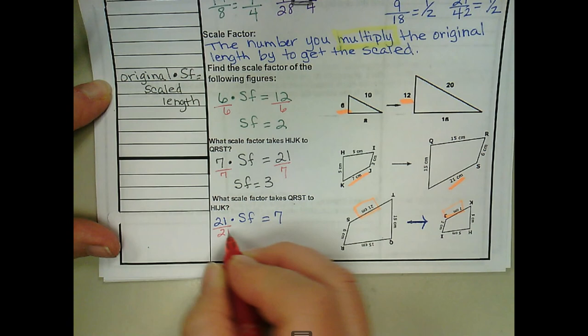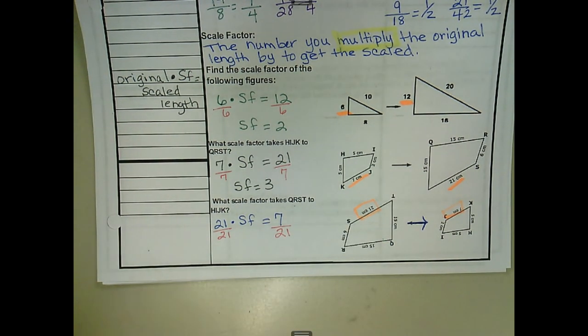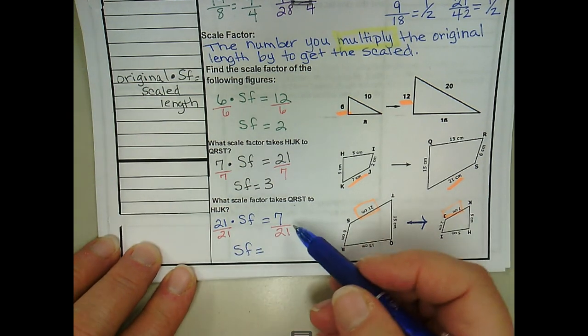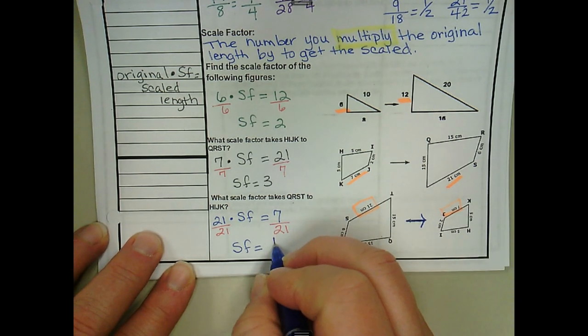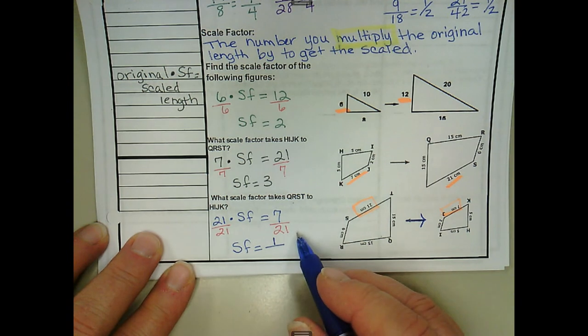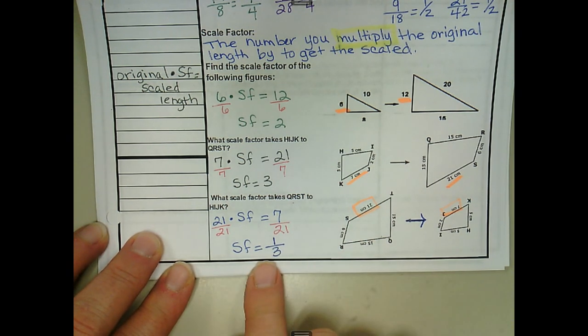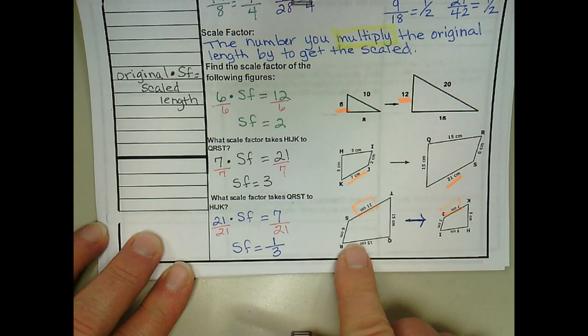Divide both sides by 21. So my scale factor, okay, 7 and 21 both have a factor of 7 in them. 7 divided by 7 is 1, over 21 divided by 7 is 3. So this is a scale factor of 1/3. This figure is 1/3 as big as the bigger figure.